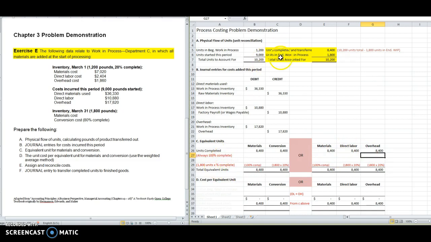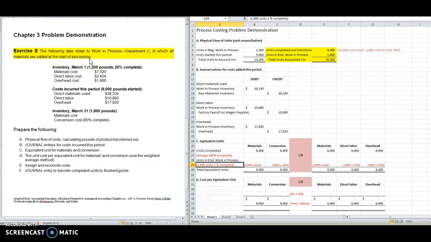It gets a little bit more complicated when we get to units in ending work in process. That's our next section, where we're looking at the 1,800 units times the percent complete. The percent complete can be different for materials and conversion. If we look in our problem, it said all materials are added at the start of processing.